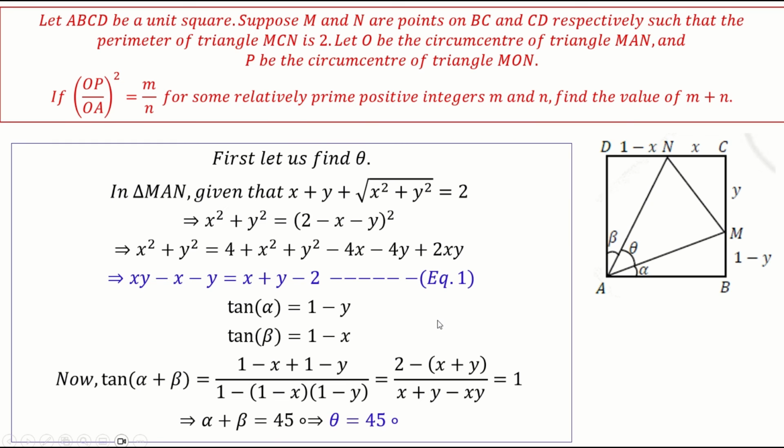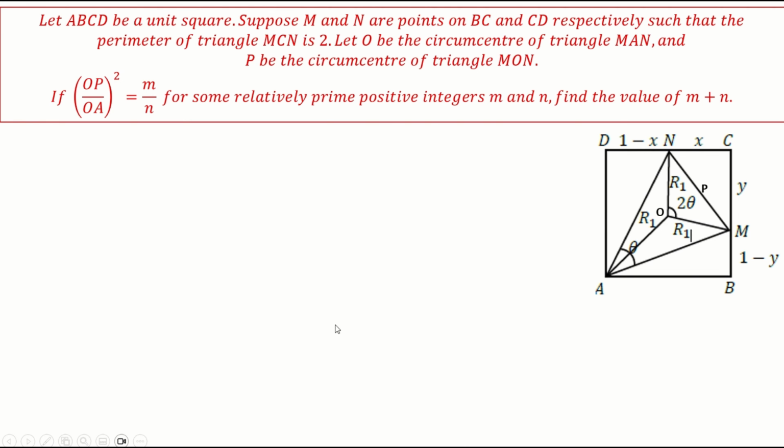Note down this point, and then the diagram looks like this now. We have a theta here. This is O. And somewhere here you will get the circumcenter of this one.